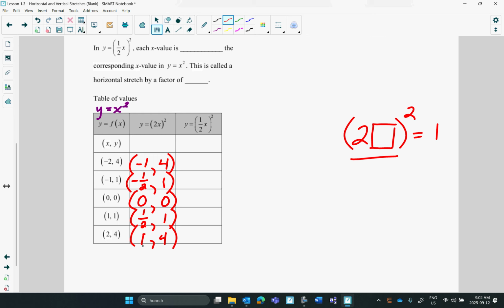In order to find the new x coordinates, I have to multiply by the reciprocal of whatever that number is. What's the flip of 2? 1/2. Okay? So what's the formula here? I have to multiply every x value by 1/2. The y values don't change in a horizontal stretch.